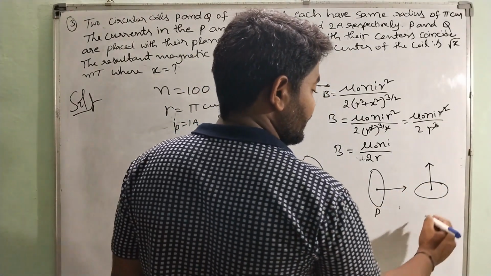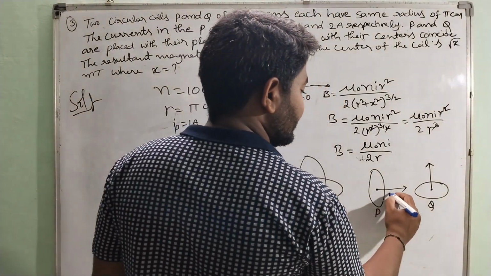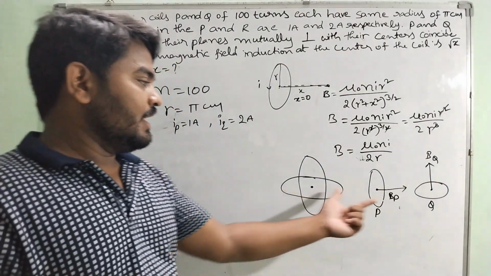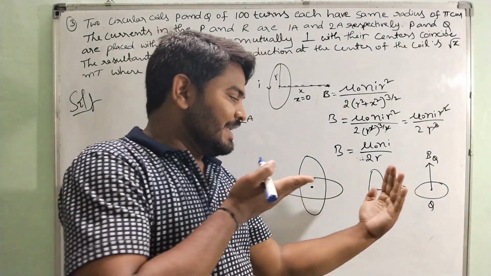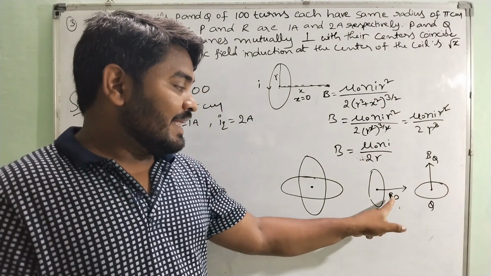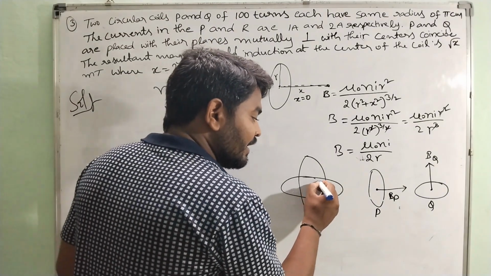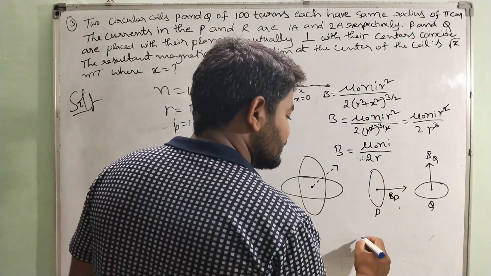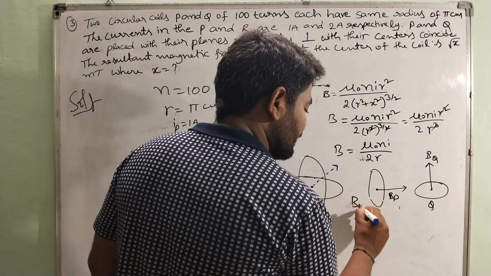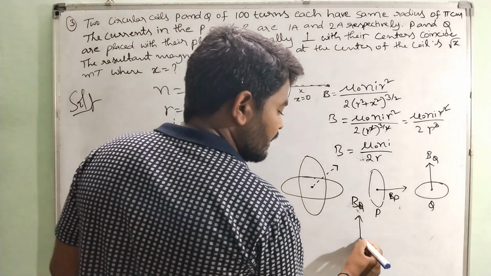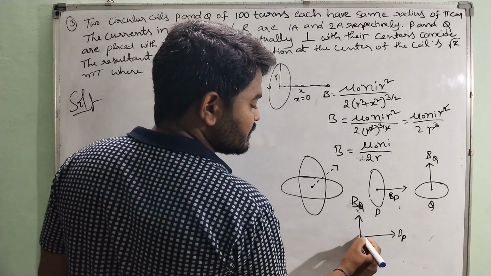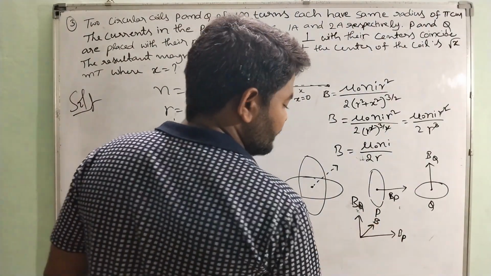Let's take this as P and this as Q. So this is the direction of BP and this is the direction of BQ. When the two coils have coinciding centers, the resultant will be in this direction. Let's take it as B.